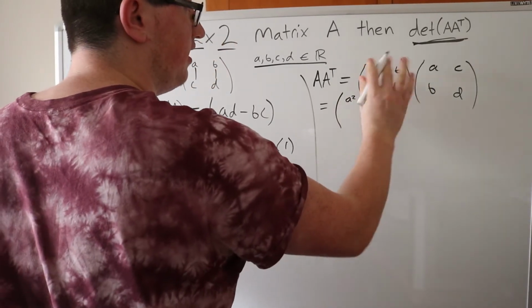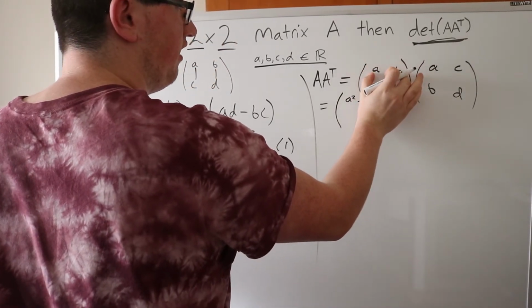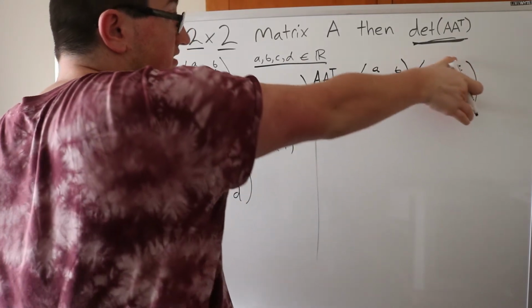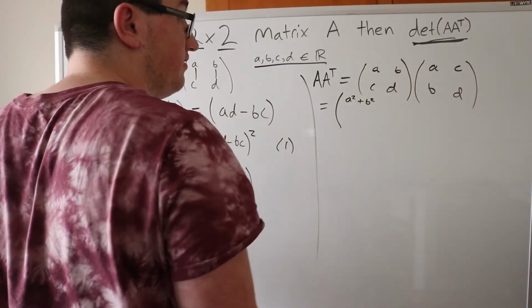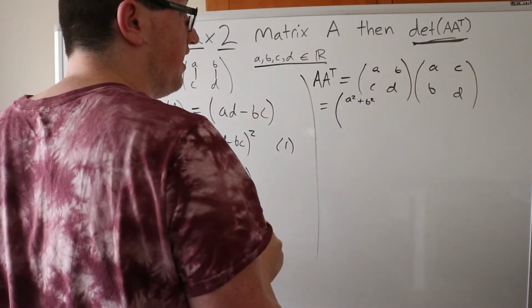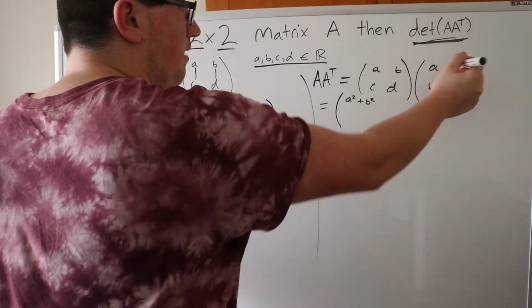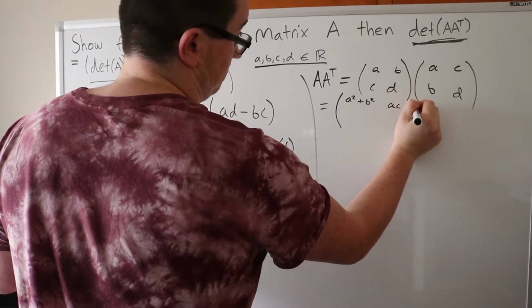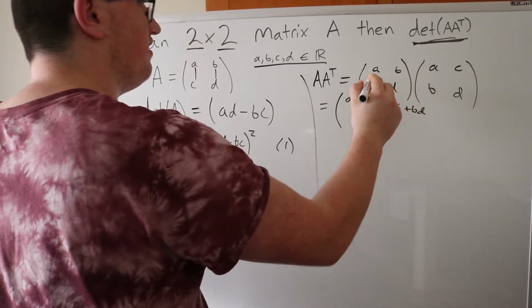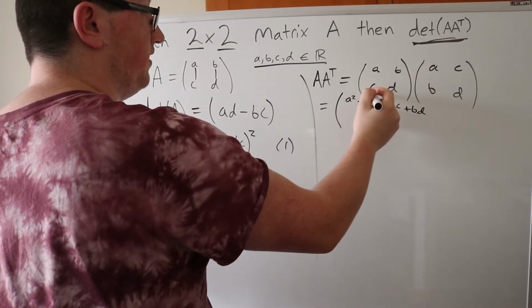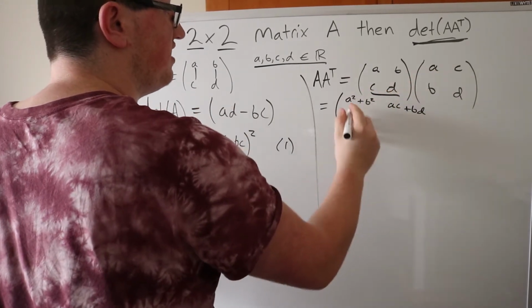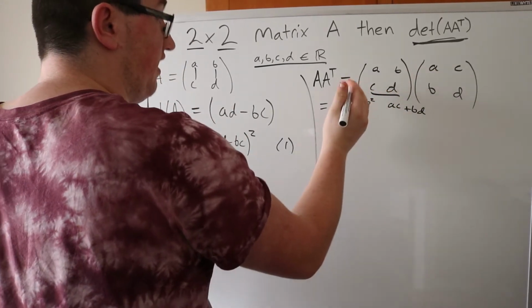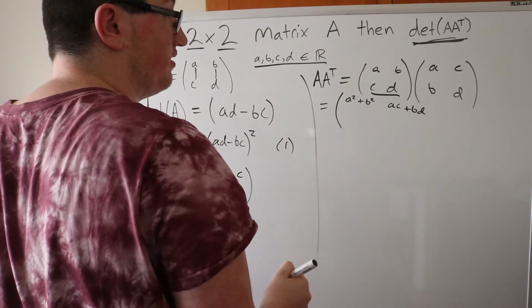Now we take the same row and multiply it by this column to get the right-hand side of the top matrix entry. So we get AC plus BD. And now we do the same here. We take that and multiply it by that to get the bottom left entry of this matrix.